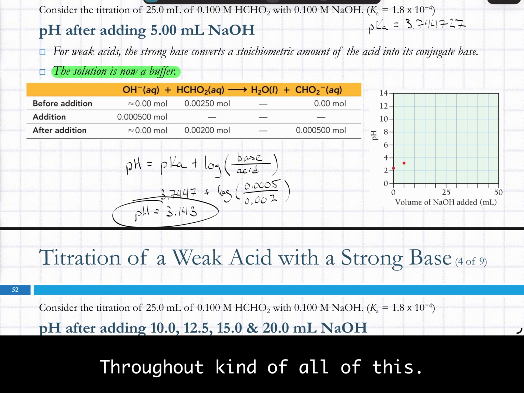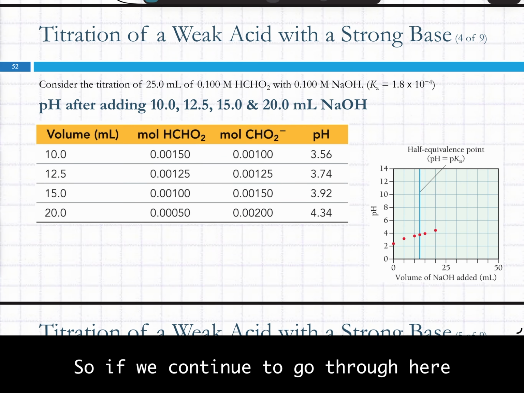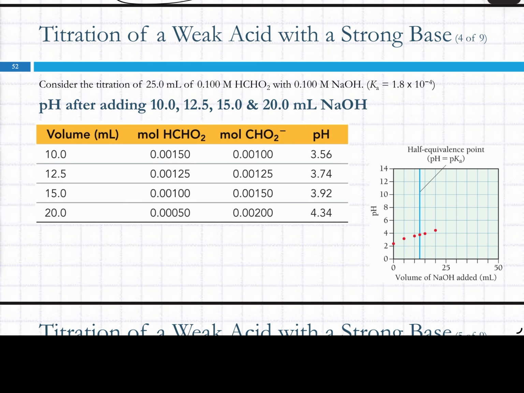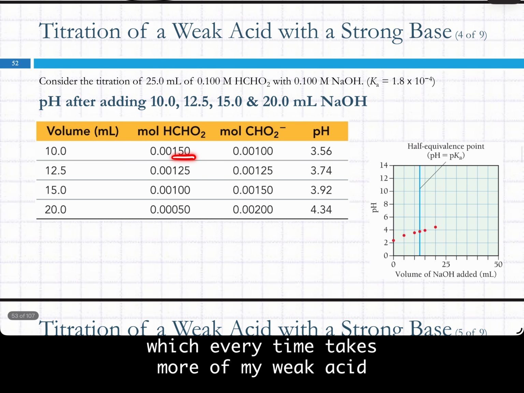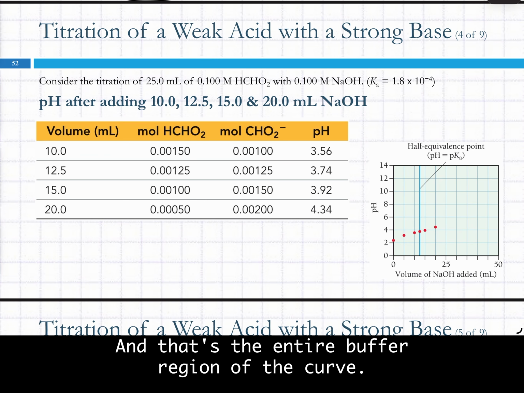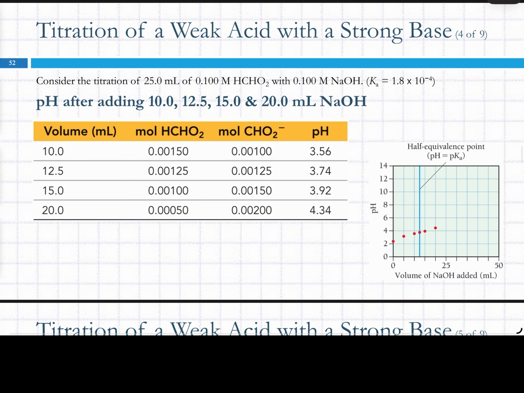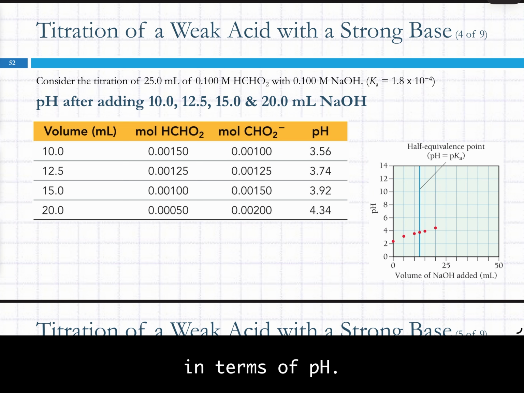Throughout all of this, if we continue to go through here, adding more of the strong base, every time it takes more of my weak acid and converts it into weak base until it's almost gone. And that's the entire buffer region of the curve. So all of these points are relatively level in terms of pH.